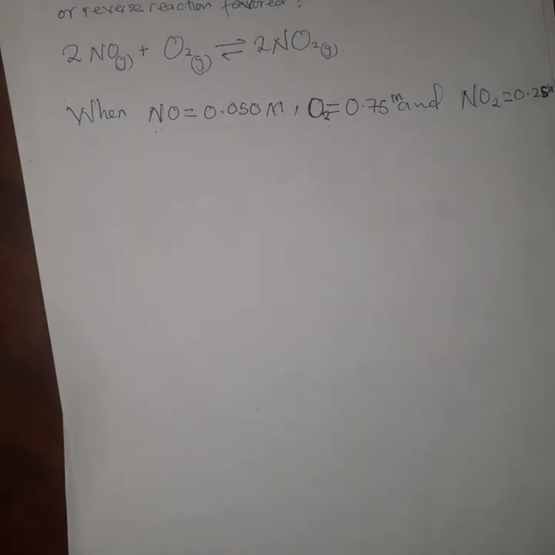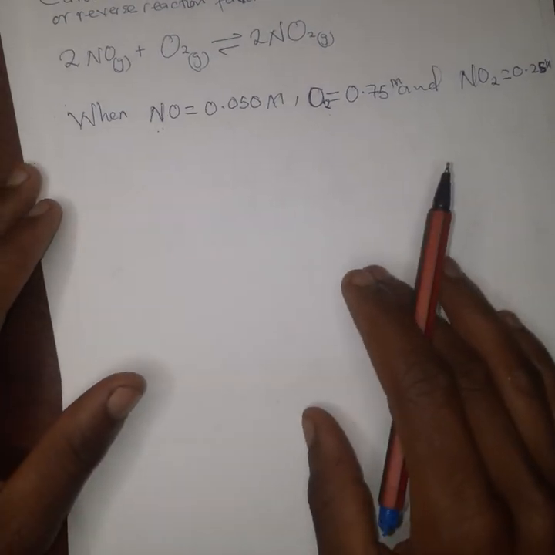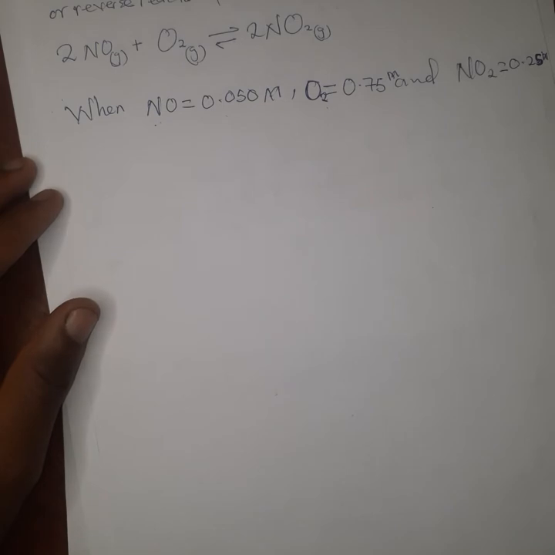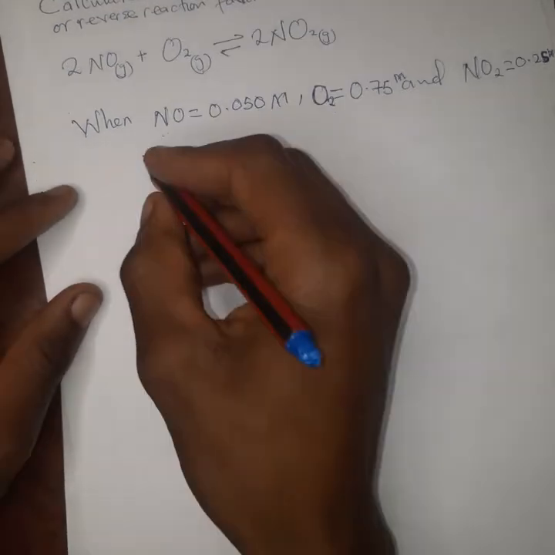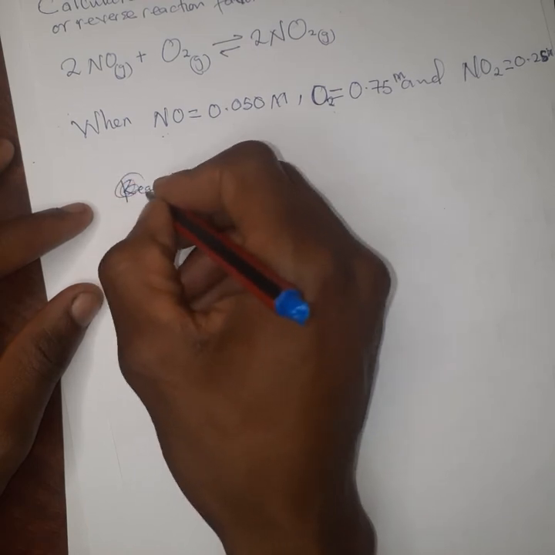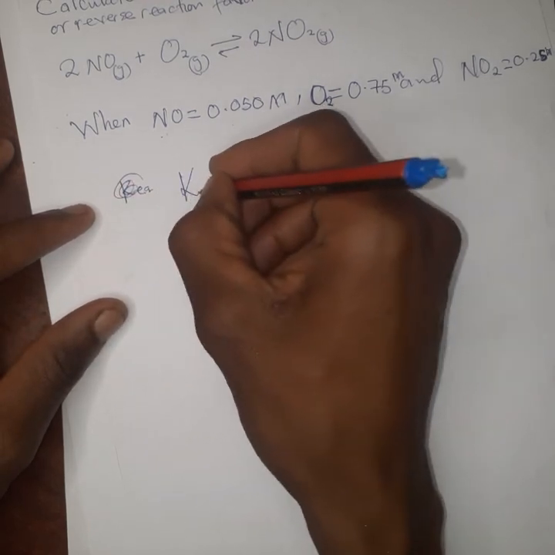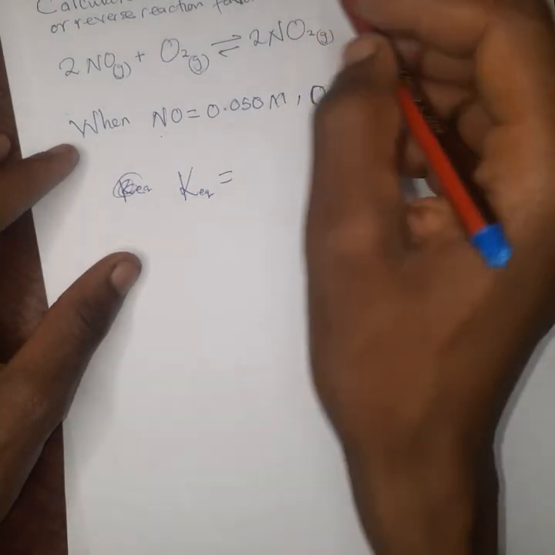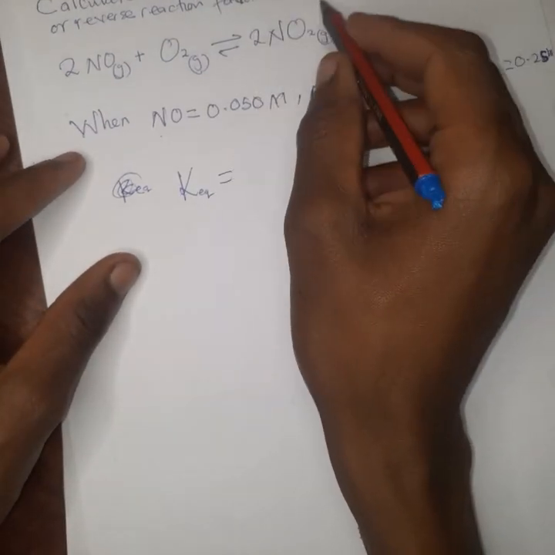Same thing, come up with the equilibrium constant expression first. So we have the equilibrium constant in terms of concentration. This must be a small c as a subscript, so K_c is equals to, we start with the product first.